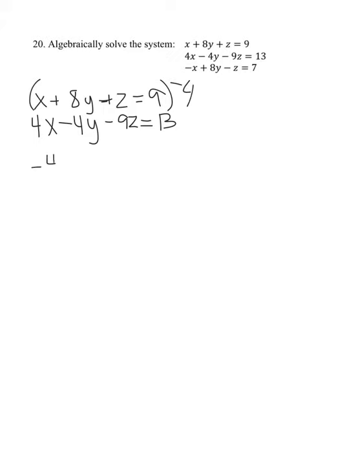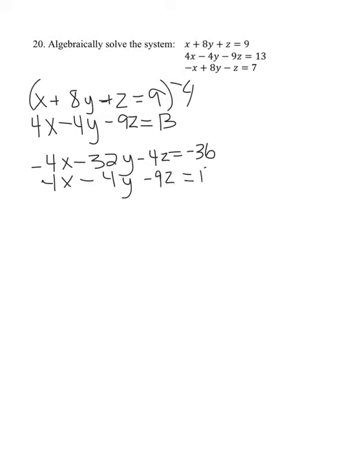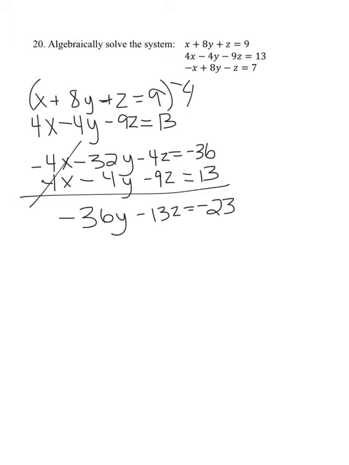This is now -4x minus 32y minus 4z is equal to -36. The other equation, 4x minus 4y minus 9z is equal to 13. So now when I add down, my x's cancel. This is -36y minus 13z is equal to -23. That is equation A for me.